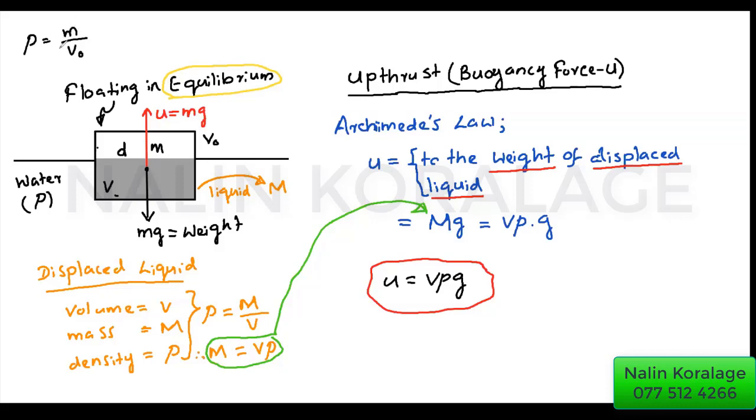Now, if I make m the subject, the mass of the object is going to be equal to rho into V naught. Likewise, you can express the mass of the body by using its own density and volume.